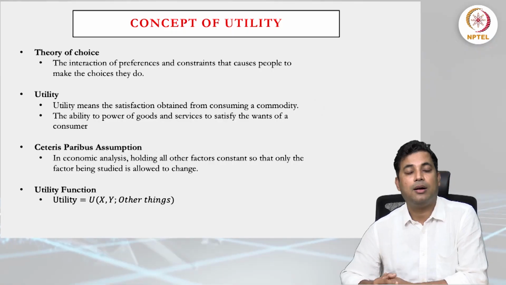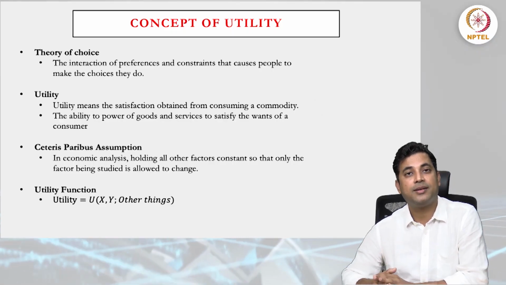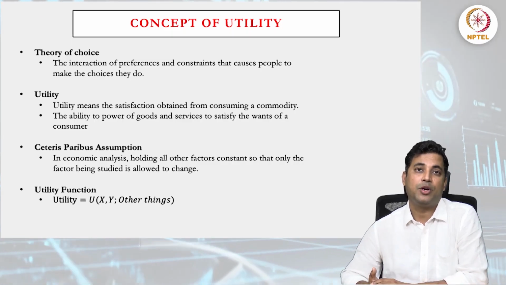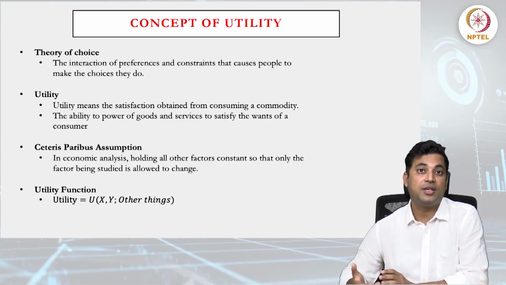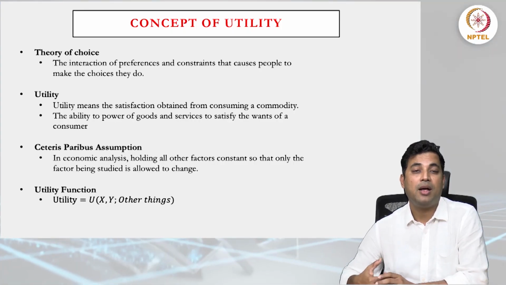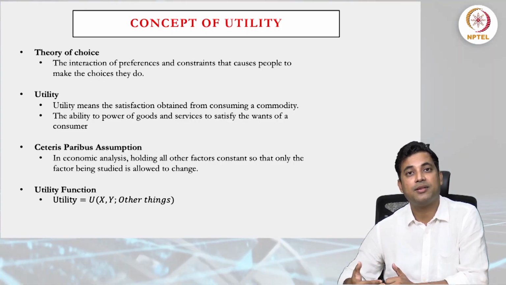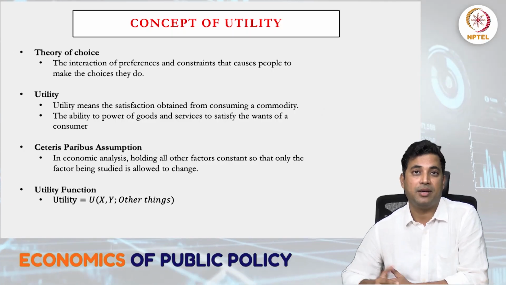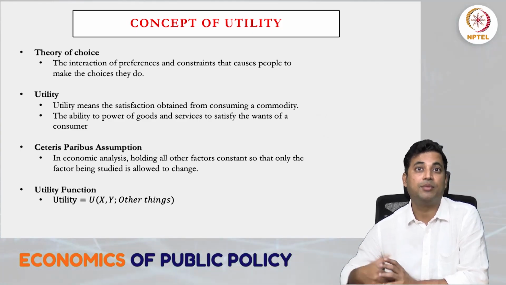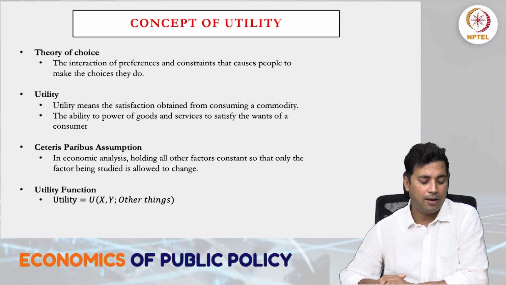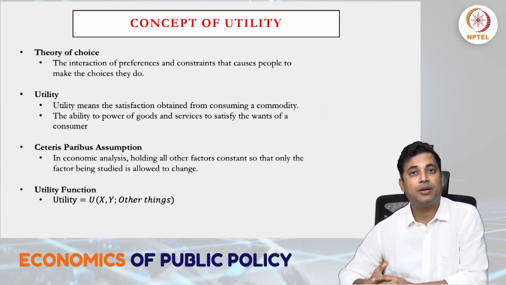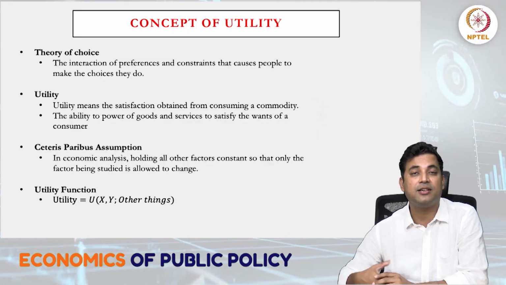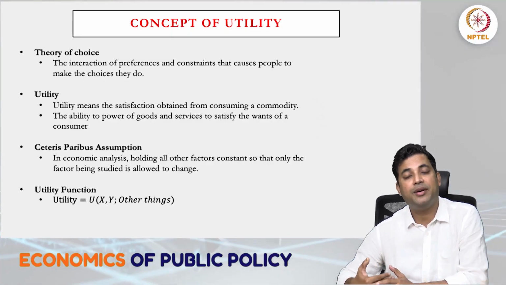When we make choices within our limited resources, optimization or efficient allocation of resources comes in. And in this whole process, the order of preferences is very important. In one sentence, utility means the satisfaction that one derives from a commodity.